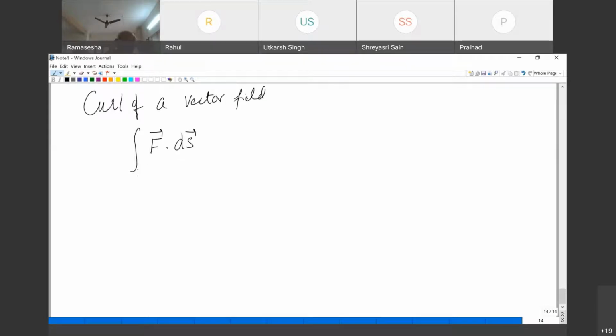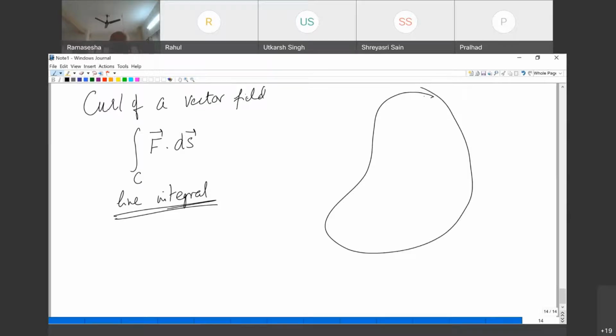This is a line integral, because you are going through a closed path and trying to find out what F dot ds is. So the path can go something like that. This is a closed path. Let me call this integral over gamma of F dot ds.